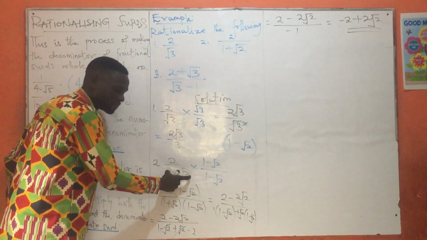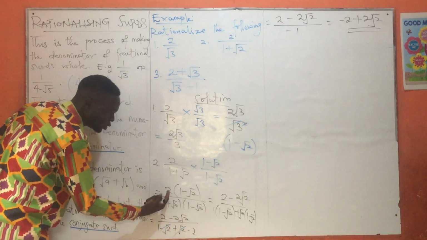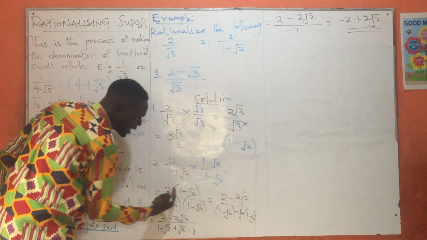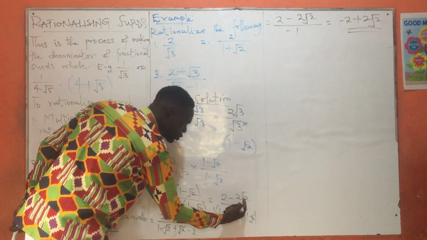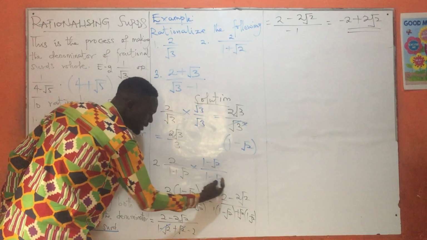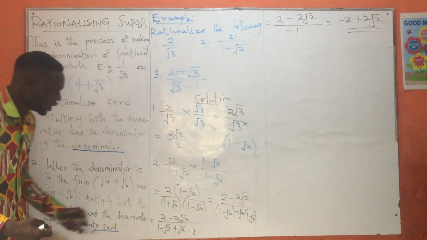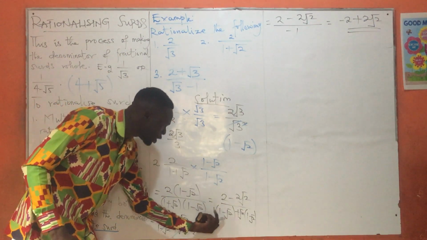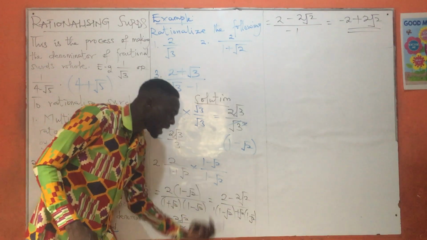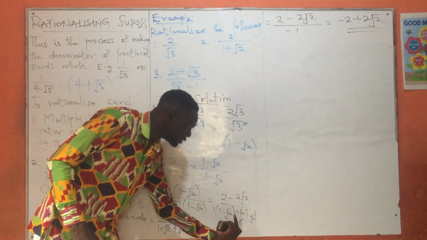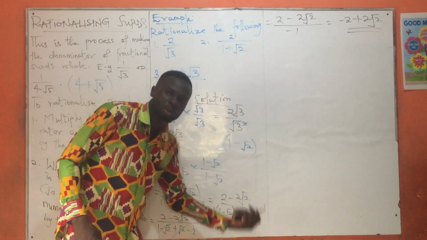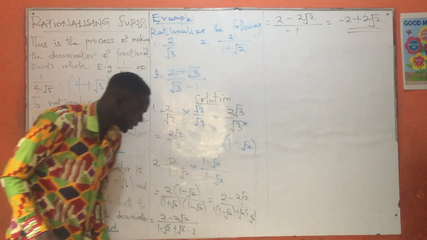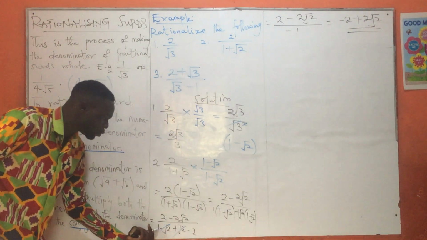We will use the conjugate surd again to multiply the denominator. So when 2 multiplies this, you have 2 times 1, 2, and 2 times this is negative 2 root 2. When you multiply the denominators, we are going to have 1 multiplying 1 minus root 2, then root 2 multiplying 1 minus root 2. When 1 multiplies, we have 1.